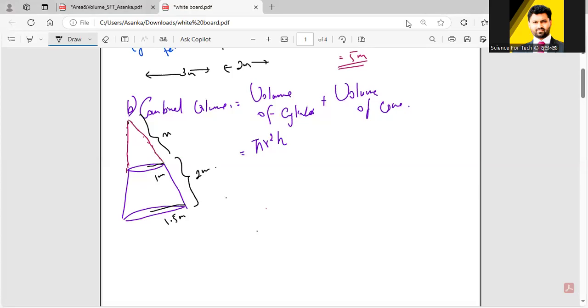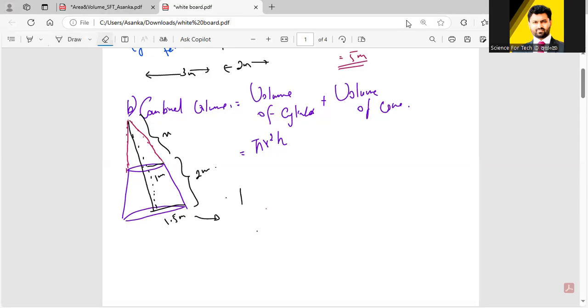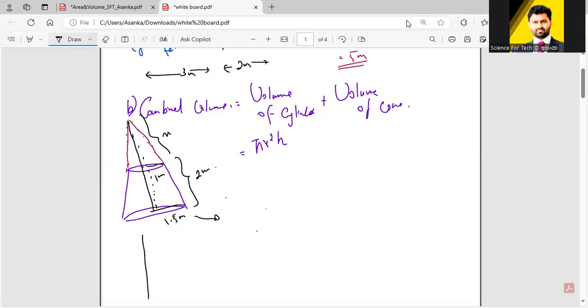So what I'm doing is drawing a triangle like this. I move this triangle outside and draw it like this.